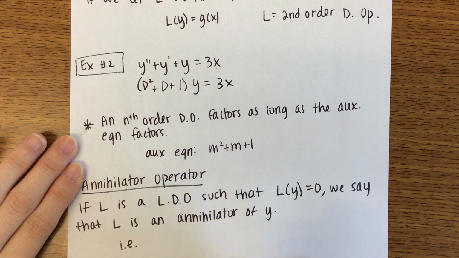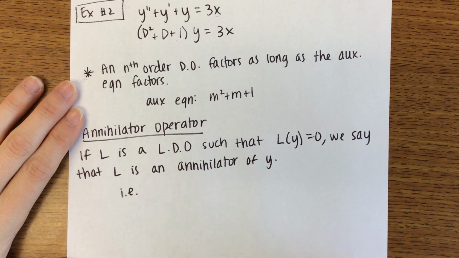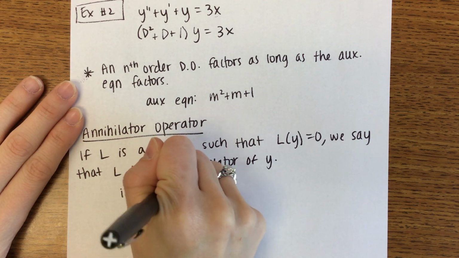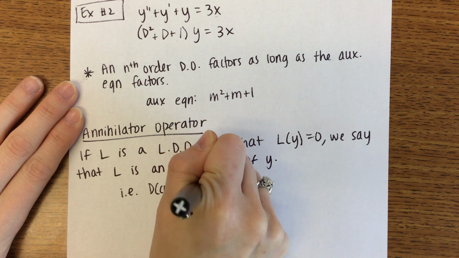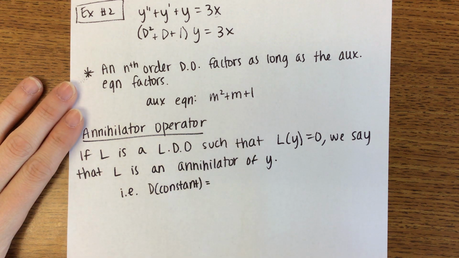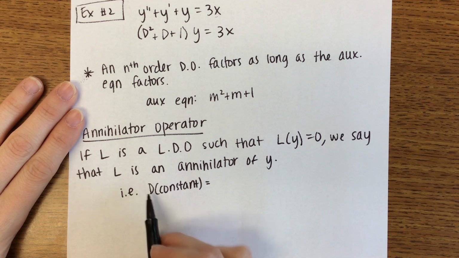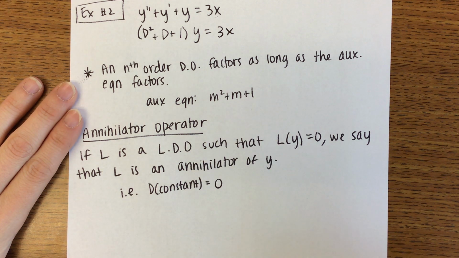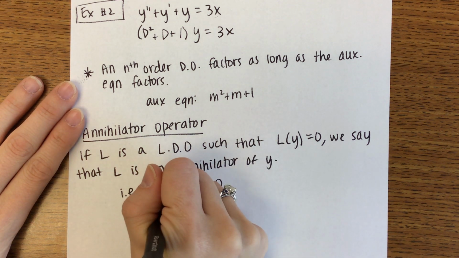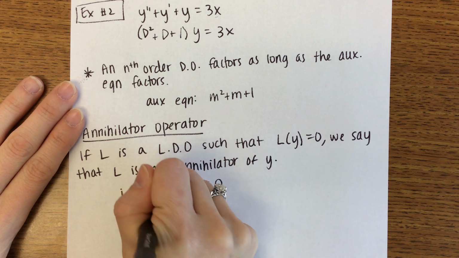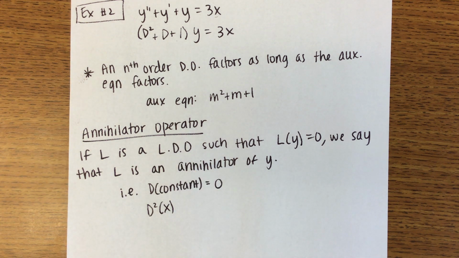Here are some examples. If I apply D to a constant, so I have a constant and I take the derivative with respect to x, I'm going to get 0. If I have x and I apply D squared, so I take the derivative twice with respect to x, I'm going to get 0.